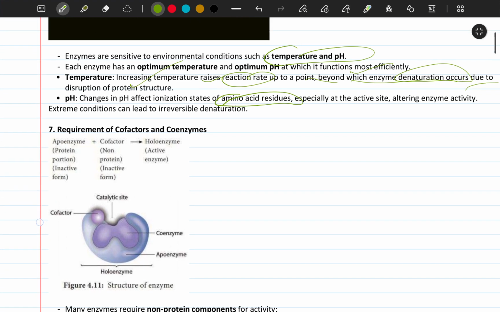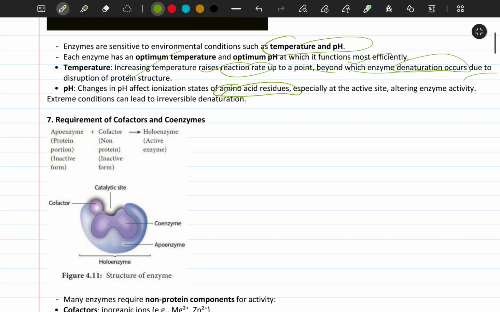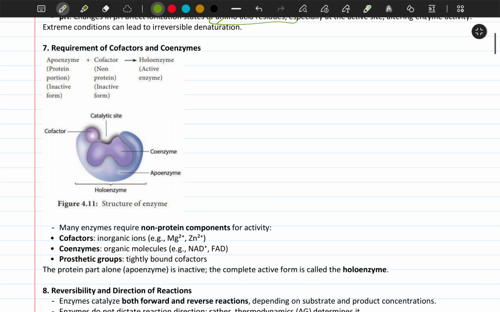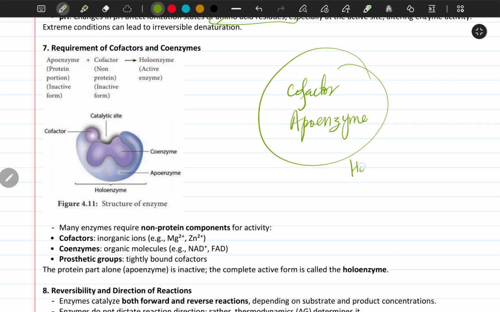Next is requirements of cofactors and coenzymes. Apoenzyme plus cofactor forms a holoenzyme, an active enzyme. The apoenzyme is the protein portion, the inactive form. Many enzymes require non-protein components. Let us just remember things. There is a cofactor, there is an apoenzyme, and they both make the holoenzyme.